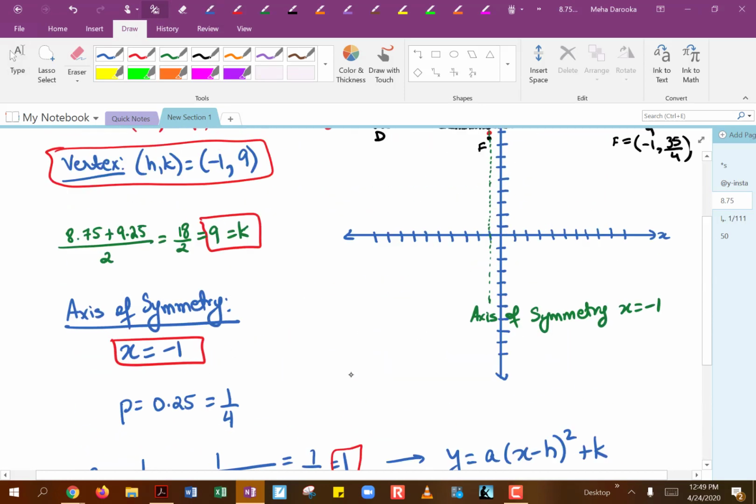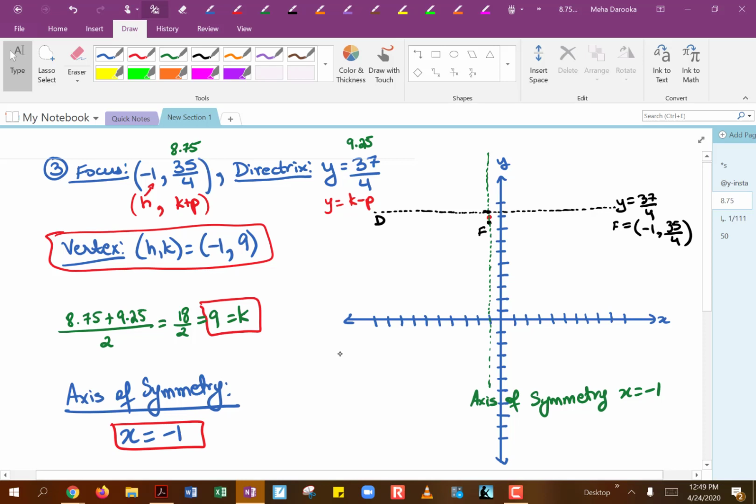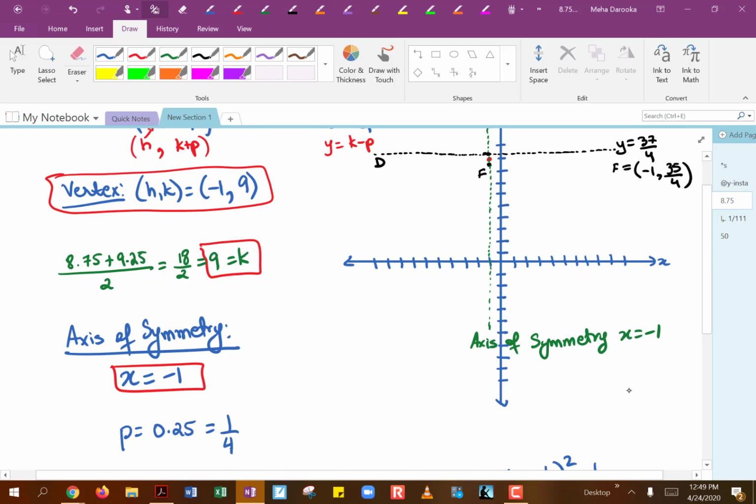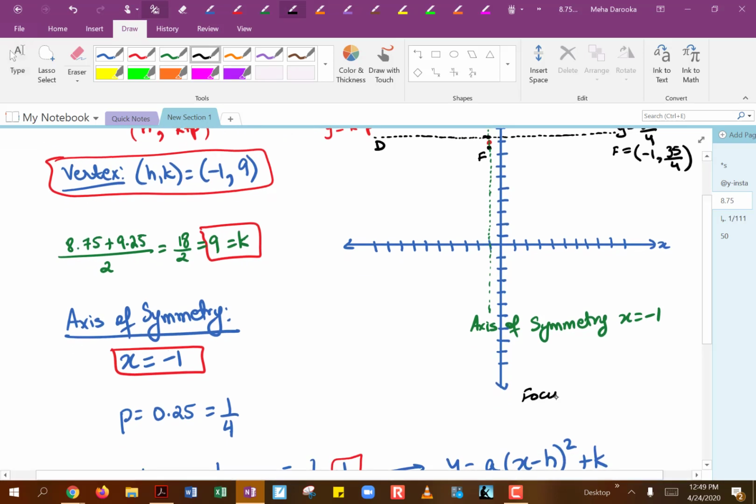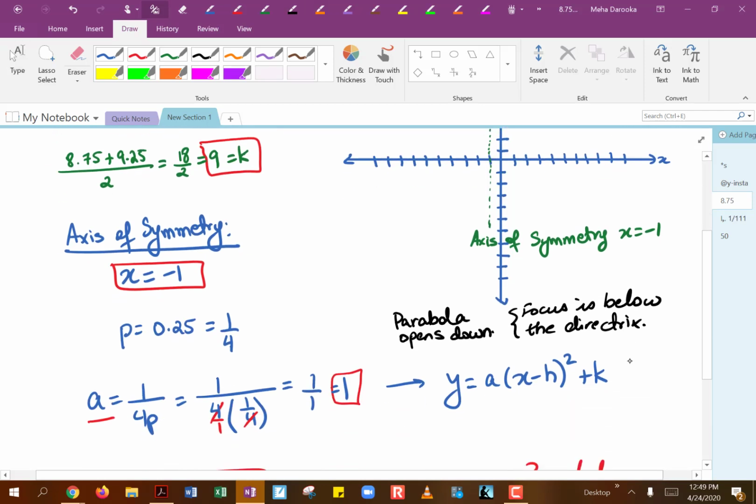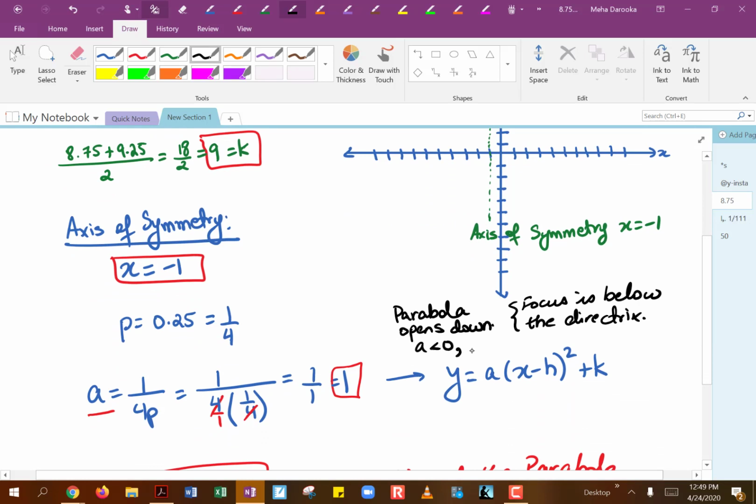oh, hold on a second, I did something wrong. Oh, yeah, so you can see my focus is actually below my directrix. Okay, so since our focus is below the directrix, this tells us our parabola opens downward. So since it opens down, that means our a value is going to be negative and our p value is going to be negative. So this should actually be negative.